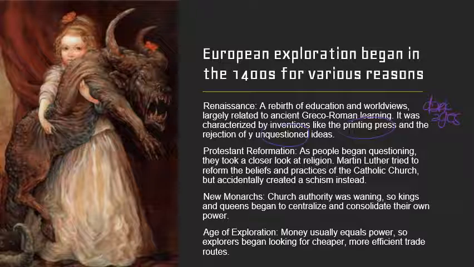Now, the Protestant Reformation is going to be begun by this guy named Martin Luther. Martin Luther is not the same guy as Martin Luther King Jr., just to clarify. People start questioning, and they take a closer look at the Catholics. Martin Luther specifically is going to have his 95 Theses that he nails to the church door.